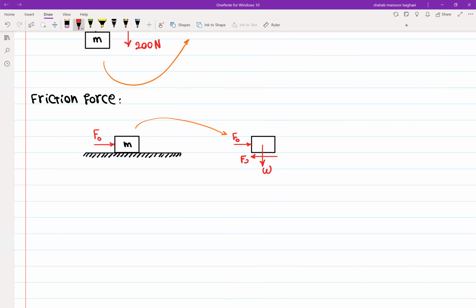It is F of F, friction force. It's here.